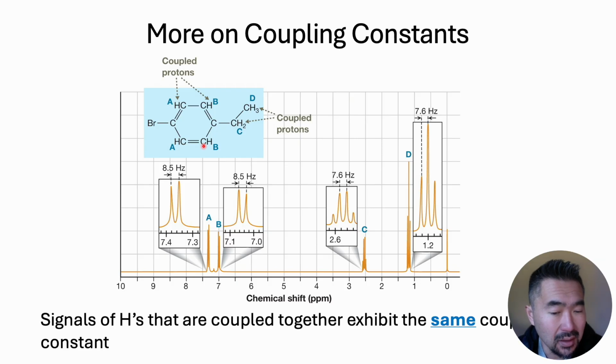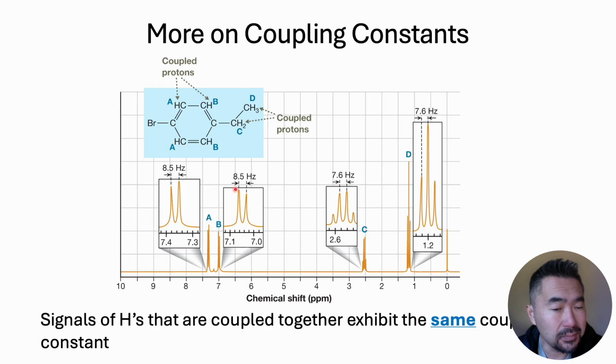Another thing I want you to notice is that because these two are coupled, splitting each other, they both have the exact same coupling constant, often abbreviated with the letter J, and the unit is Hertz. That's the distance between the two peaklets that are split.